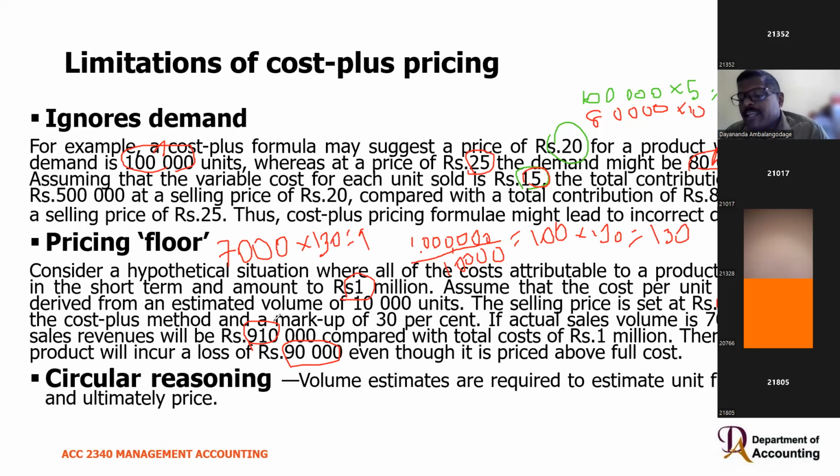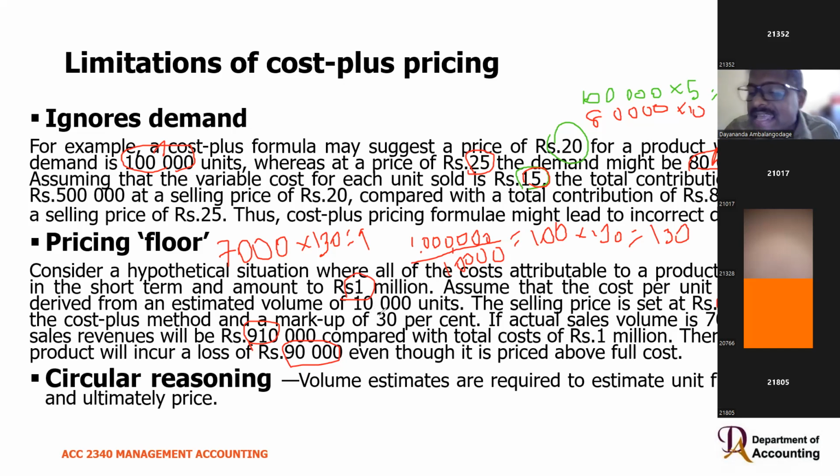Why? When you sell more and more units, your unit fixed cost reduces. When you sell fewer units, your unit fixed cost would be high. For that reason, we call it the pricing flaw. The estimated volume here is 10,000. If you can sell 10,000 or more, you are good.